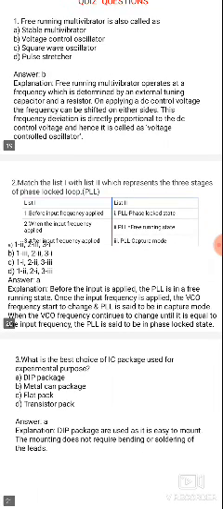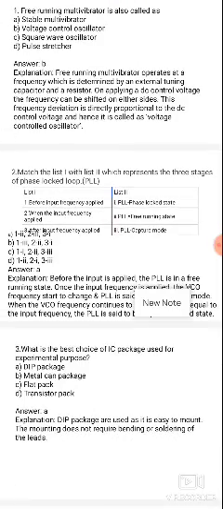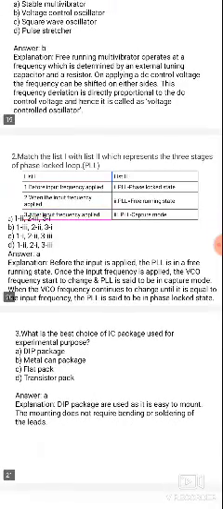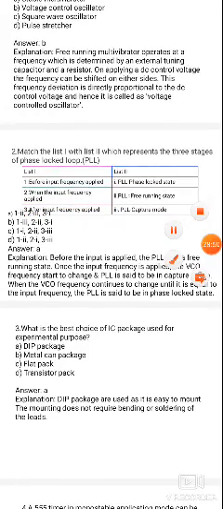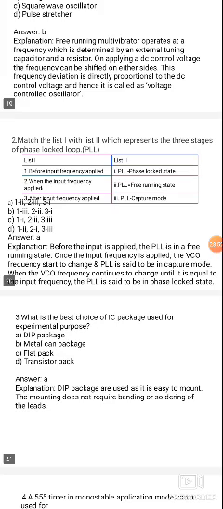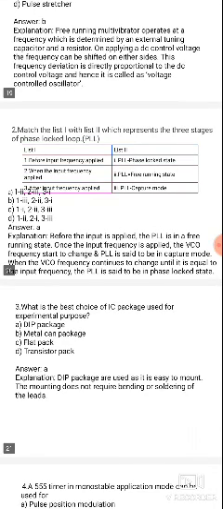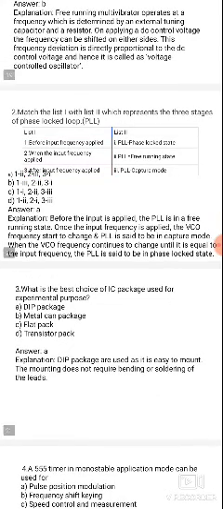To summarize, the free running multivibrator operates at a free running frequency determined by an external resistor and capacitor. On applying a DC control voltage, the frequency shifts either side, directly proportional to the control voltage.